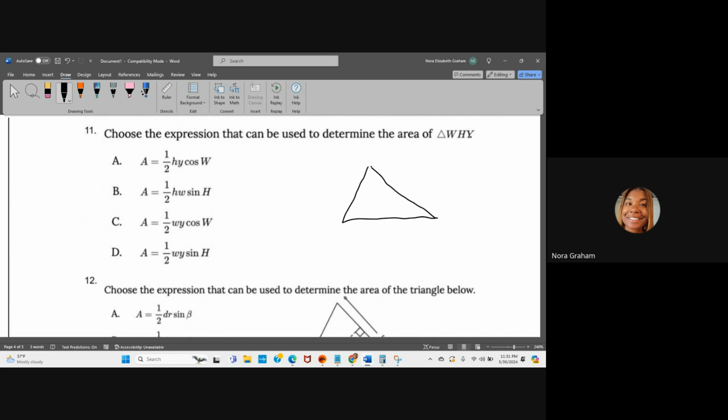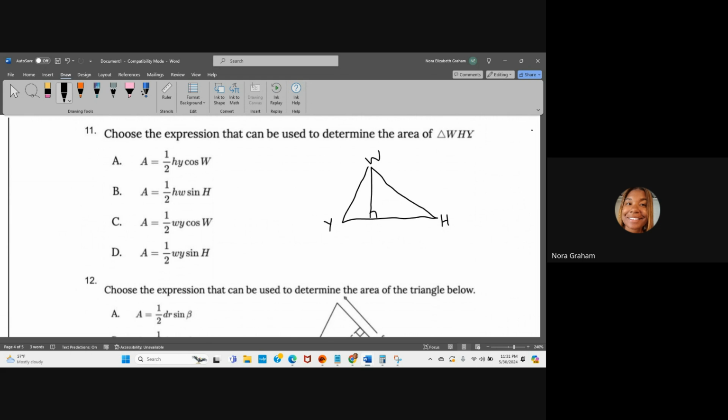All right, so first, let's draw this out. We have a triangle, right? This vertex will be W, this one H, and this one Y. Remember, when we find the area of a triangle, we do area equals 1/2 base times height. But for this one, we're going to be using trig.